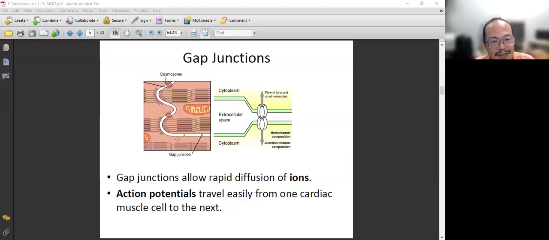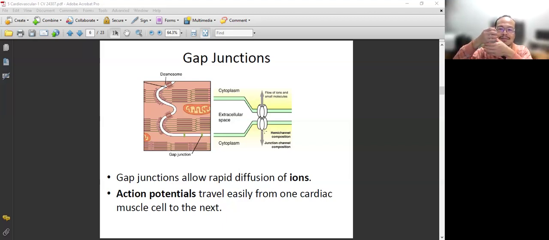And so you can see here that this is a gap junction. So this is one cell and this is another cell, and you have this gap junction. A gap junction allows ions to diffuse across, just like an ion channel. We can see this one as an ion channel, and that is another ion channel.